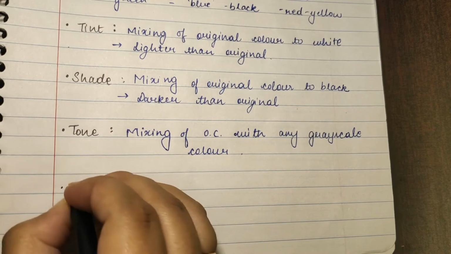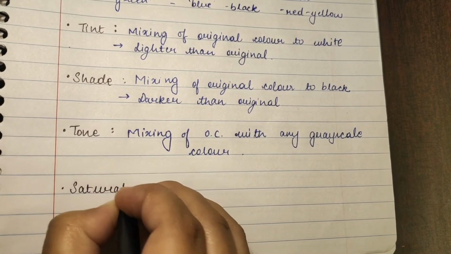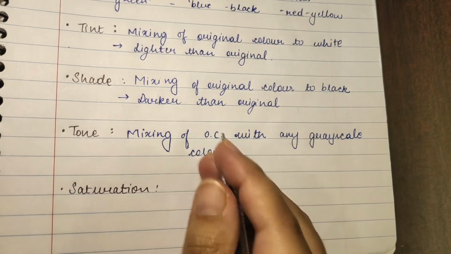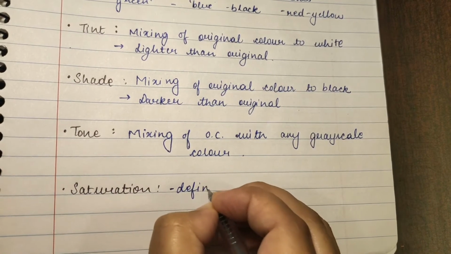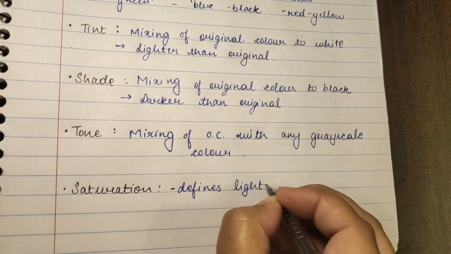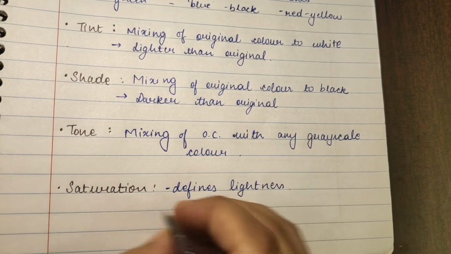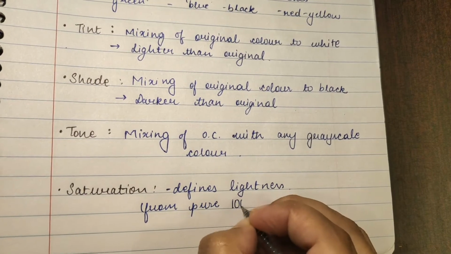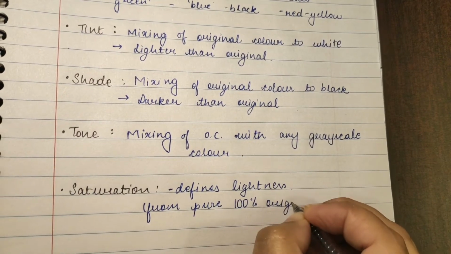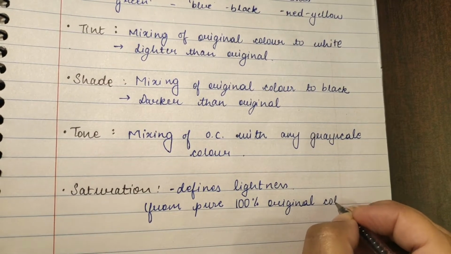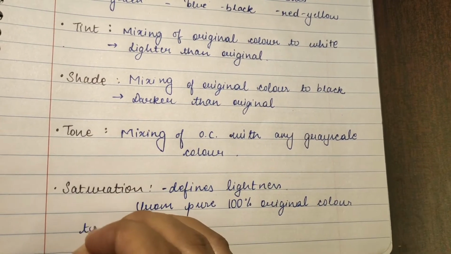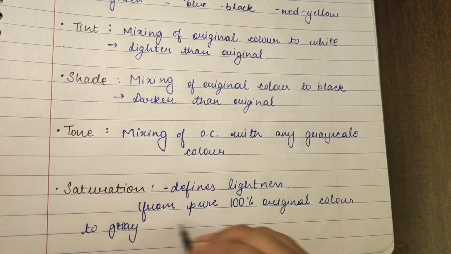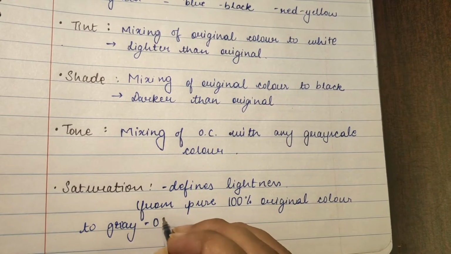We also have saturation, which basically defines lightness, like from pure 100% original color to gray, basically, because gray is your 0%, so original color is 100% and gray is your 0%.